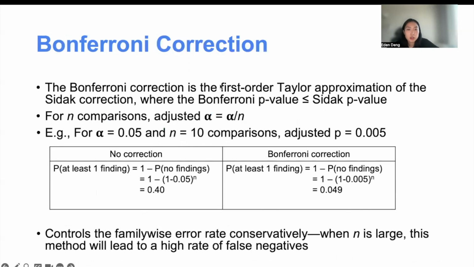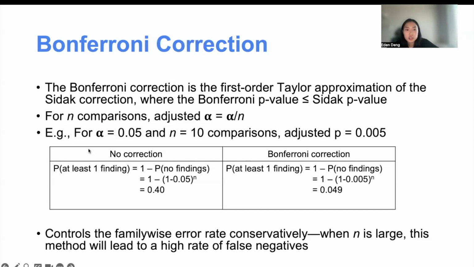So yeah, the Bonferroni correction is the first order Taylor approximation of the Sidak correction, and it has a much more simple form, and it is going to be at least as conservative as the Sidak correction. So in other words, the Bonferroni p-value cutoff will always be less than or equal to the Sidak cutoff. So for n comparisons, we just simply adjust our alpha by a factor of n.